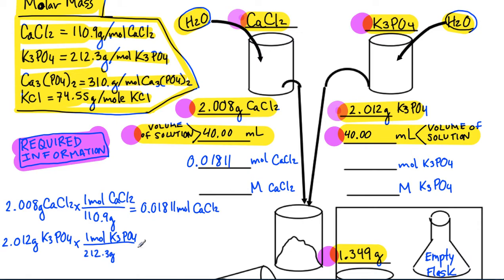And I will get my moles of my potassium phosphate, which is 0.009477 moles of potassium phosphate. And I'm going to put that right into my data table here.